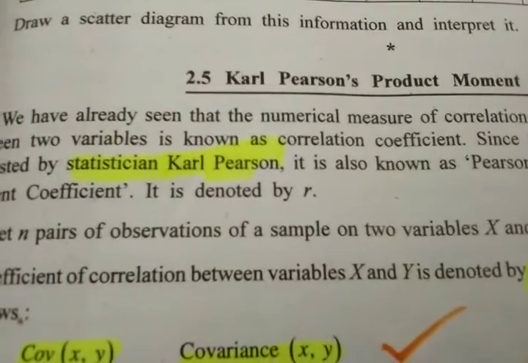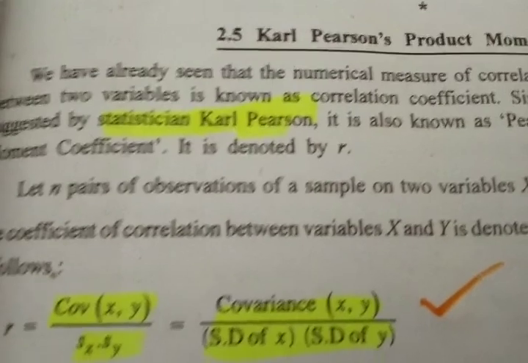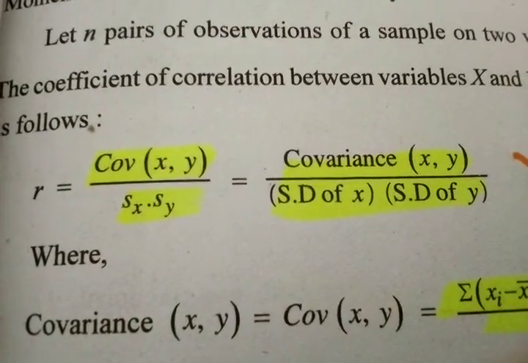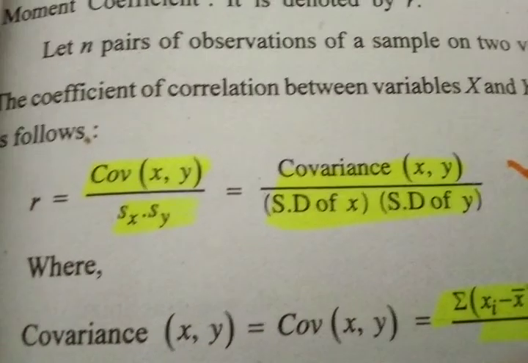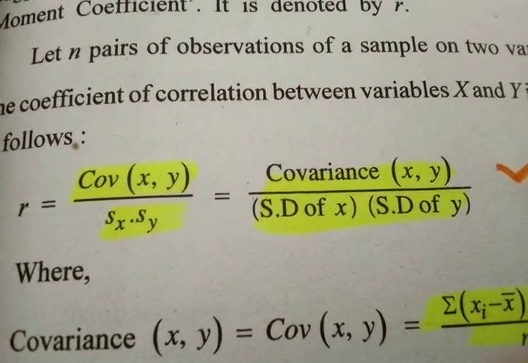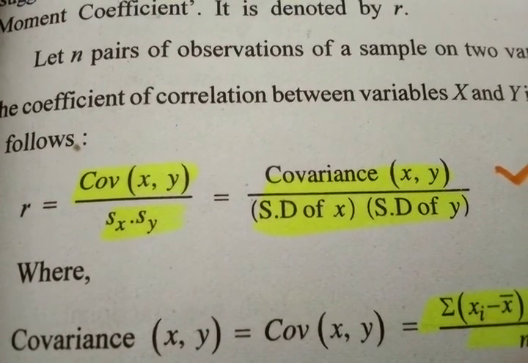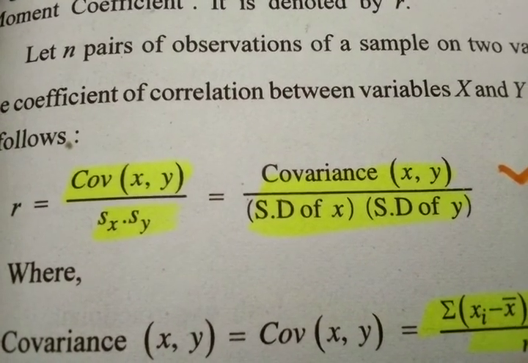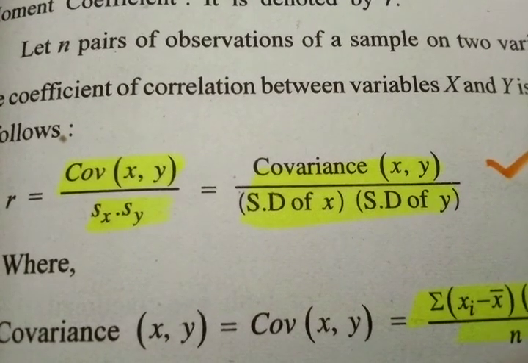This measure of Karl Pearson's coefficient of correlation is denoted by small letter r. The formula is r is covariance xy upon sx into sy. Covariance implies the measure of the direction of the correlation between two variables.